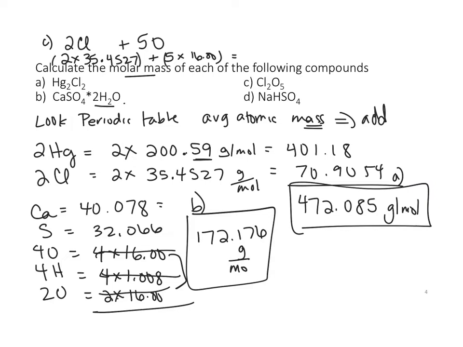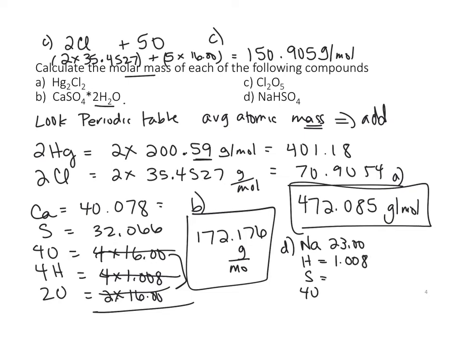And we're going to add these up. 2 times 35.4527 plus 5 times 16, 150.905 grams per mole, and that is C. And for D, we have 1 sodium, 1 hydrogen, 1 sulfur, and 4 oxygen. Sodium is 22.989768, that is 23 if you round to 2.